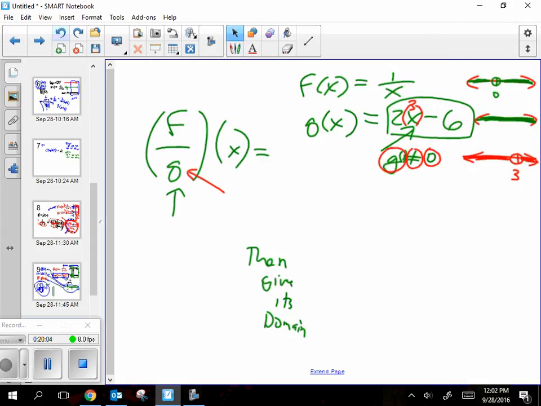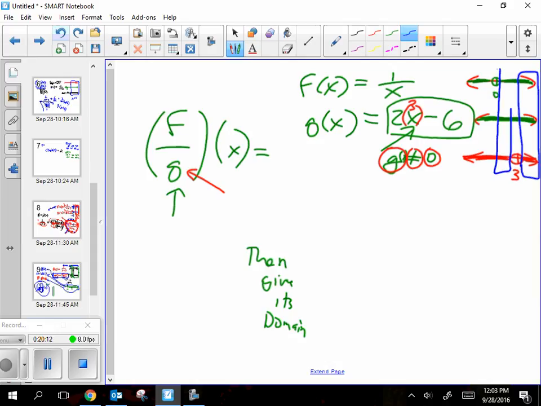Now, last thing is, I see where they all overlap. They all overlap after 3. They all overlap between 0 and 3. And they all overlap when it's smaller than 0. So there's the 3 zones. I'm going to put it on a number line. Hold on.